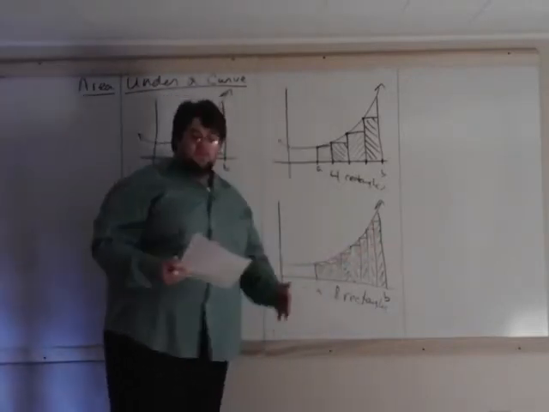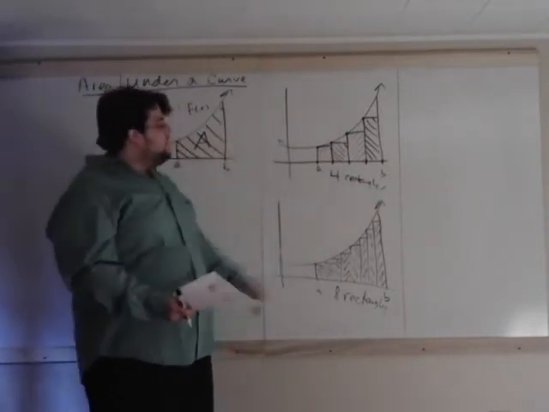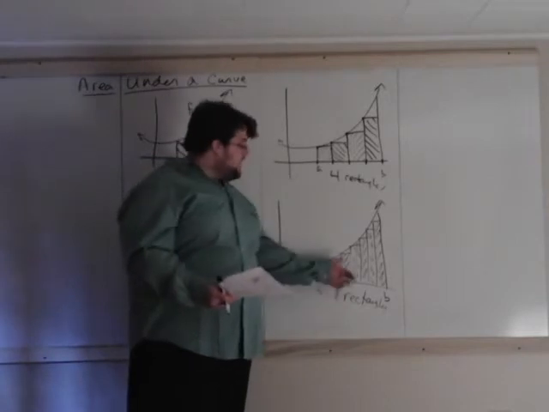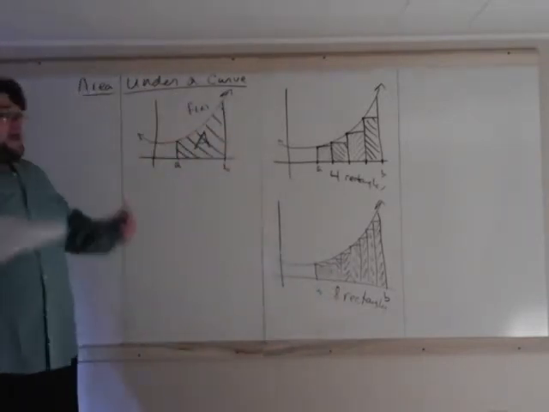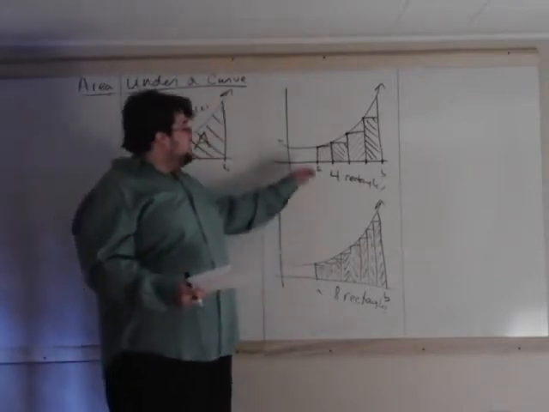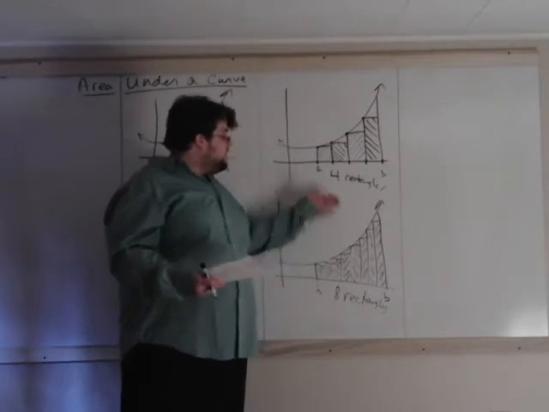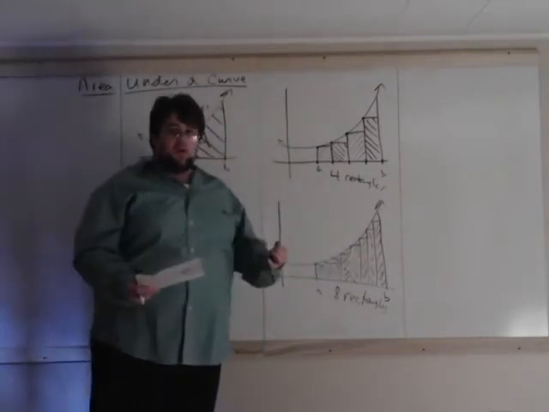If you use even more rectangles, say 1,000, the error will be less than the error for 8 rectangles. As the number of rectangles gets large, the difference between the rectangle area and the actual area gets small.